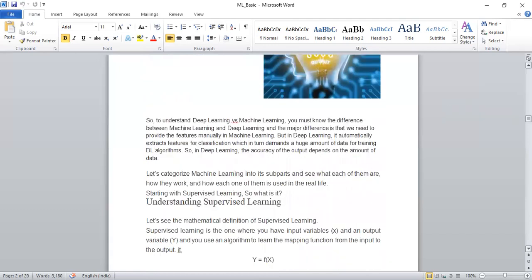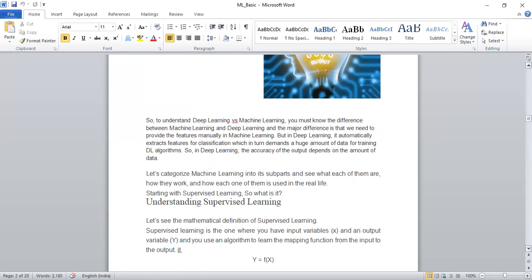To understand deep learning versus machine learning, you must know the difference between them. The major difference is that we need to provide the features manually in machine learning, but in deep learning it automatically extracts features for classification, which in turn demands a huge amount of data for training deep learning algorithms. Understood? For machine learning, we have to add the features manually.